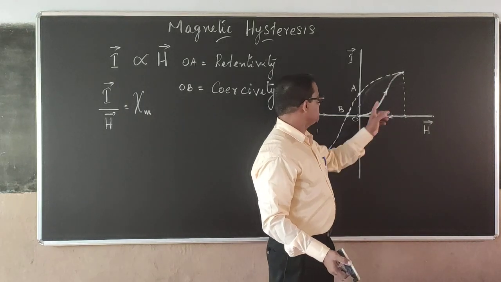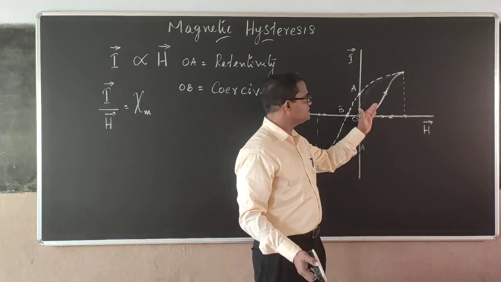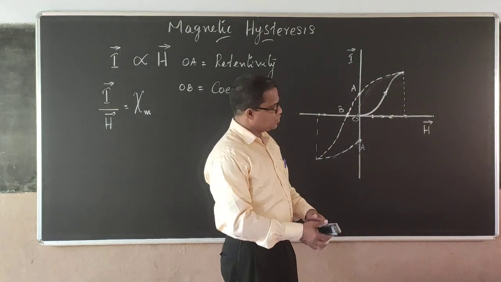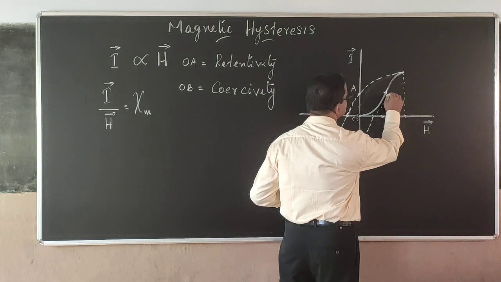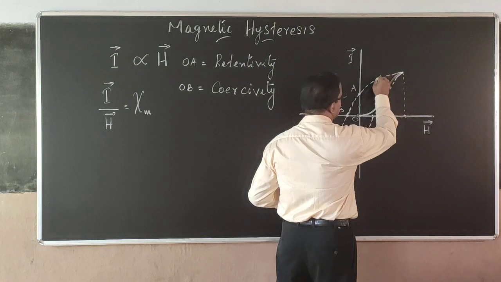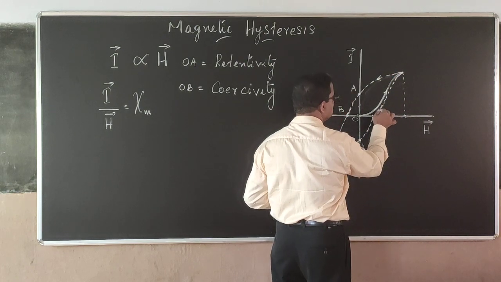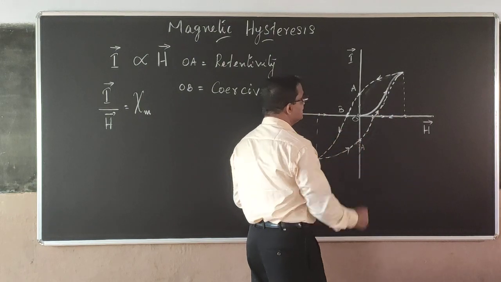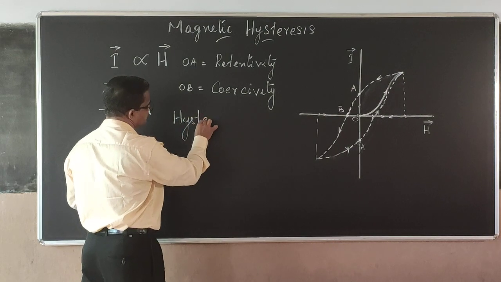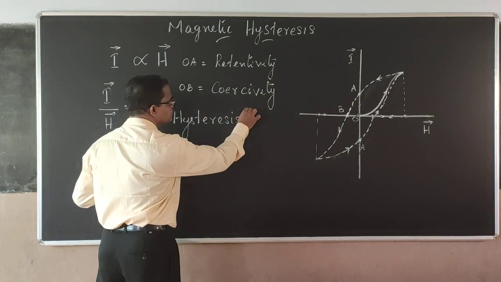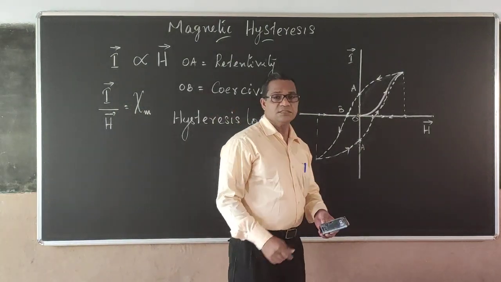So always you can see we started from here, but the path is now not going in the same way, it is going some other way. If I continue this, I will get a loop somewhat like this, and this loop will be known as the hysteresis loop.